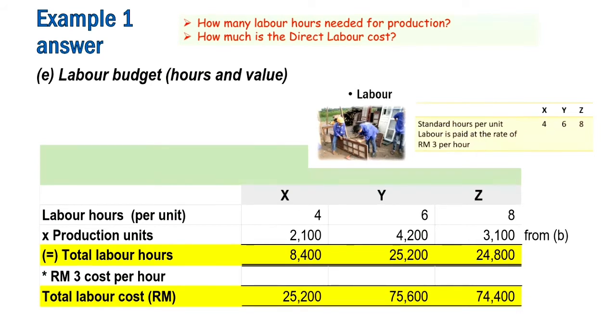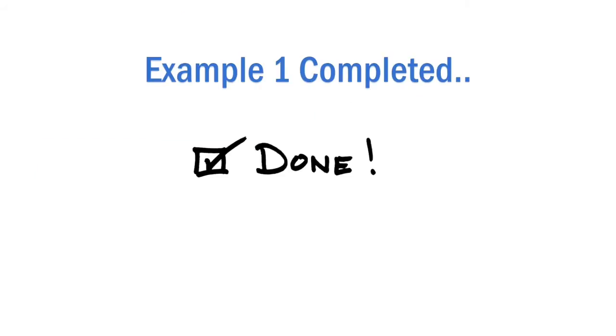And we'll sum up to RM 25,200, 75,600, and 74,400. So in order to get the total labor cost, you have to add these three numbers. Okay, so that's all for example 1, completed.